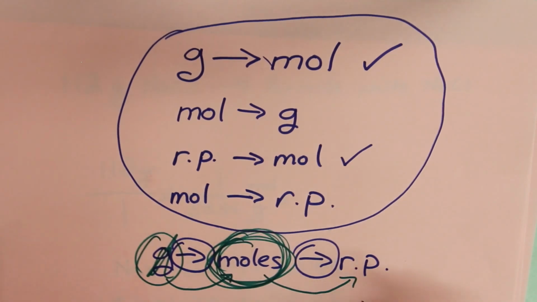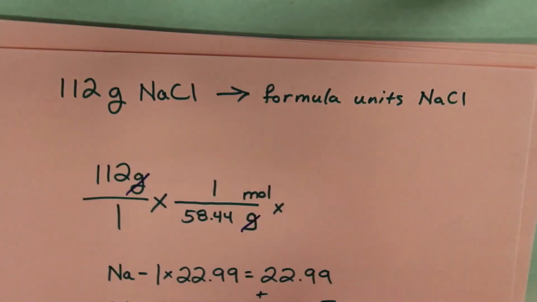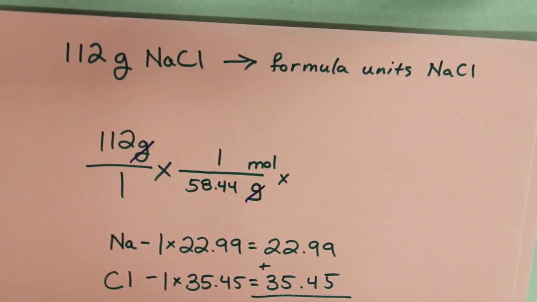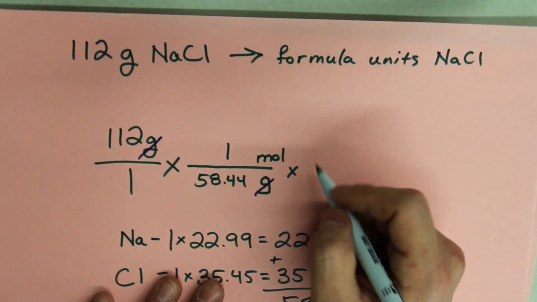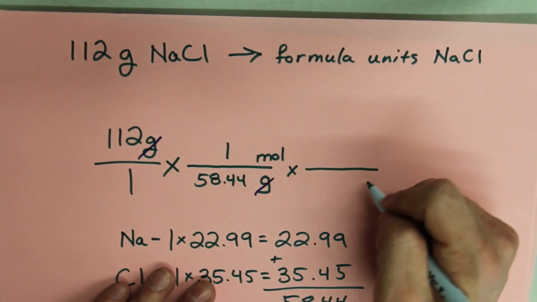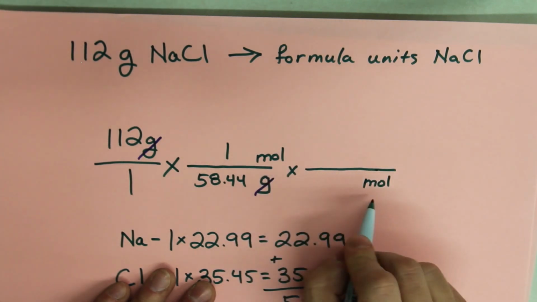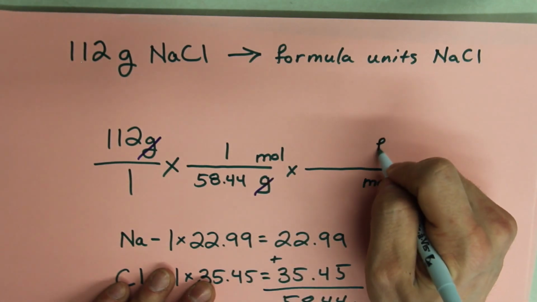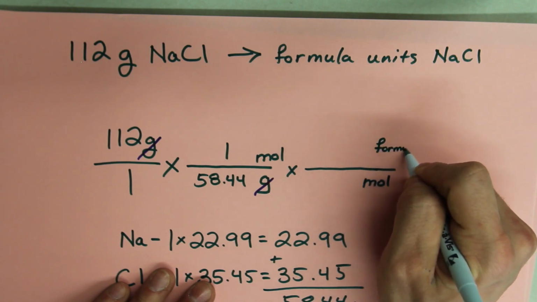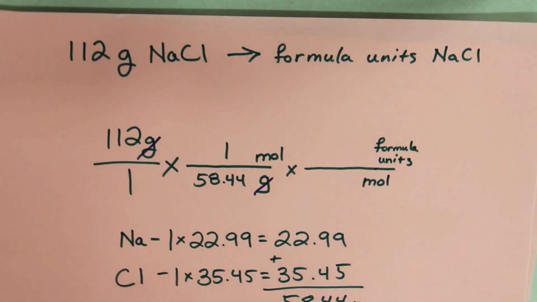Now we have to do one more step. We have to go to representative particles, which in this example is formula units. So let's draw another line here. Since it is a two-step problem, we're going to have moles on the bottom in order to get moles to cancel out, and formula units is going to be on the top.